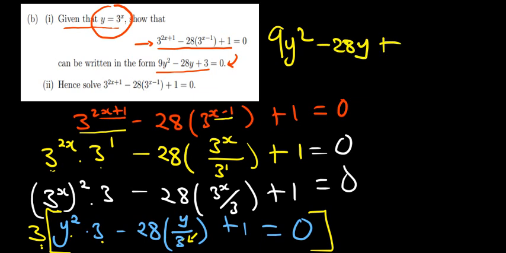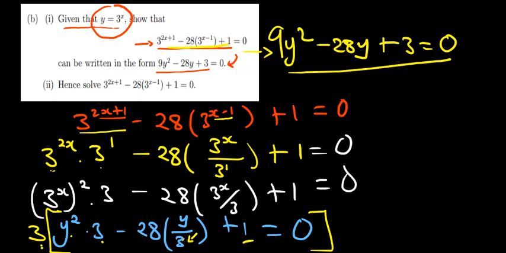Then plus 3 multiplied by 1 gives 3, is equal to 3 multiplied by 0, which is 0. So we've gotten the expression that we wanted. We've shown that what we had can be written in that form. You just use the laws of indices, or the laws of exponents.